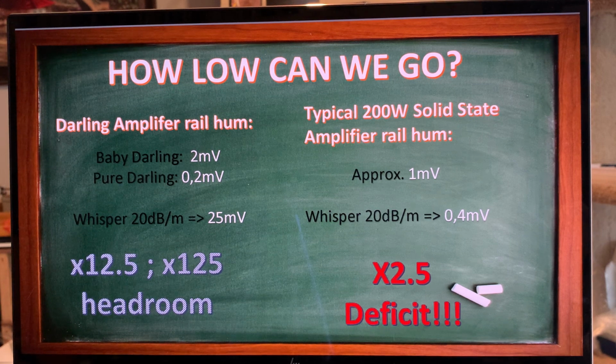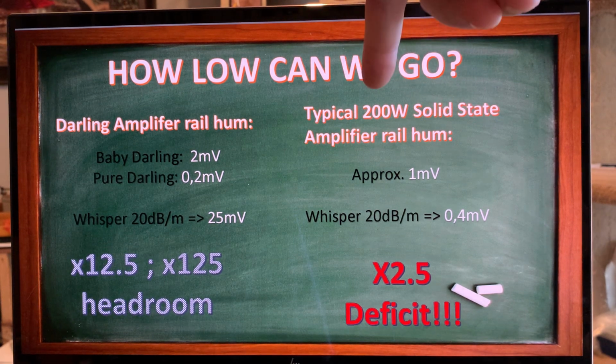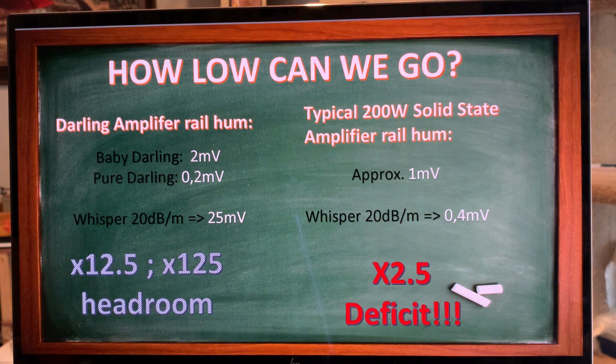Right now, let's have a look at what happens when we go close to the noise floor. What are the typical noise floor levels? If you take an average amplifier, then approximately 1 millivolt is the level of the rail hum.